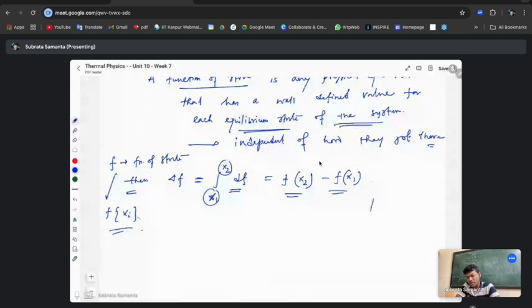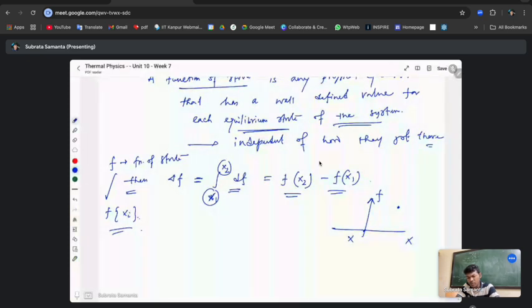So basically, let's say this is the function of state, and this is a variable. So I have to reach this point. Let's say this one is my x1 point and this is x2. From this point, I can go this path and then this path, or I can go this path.